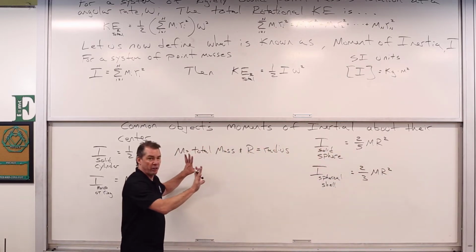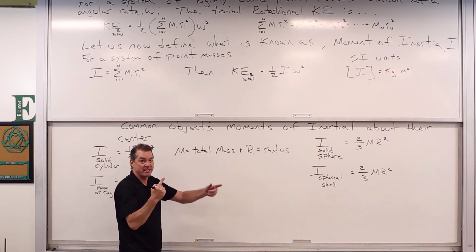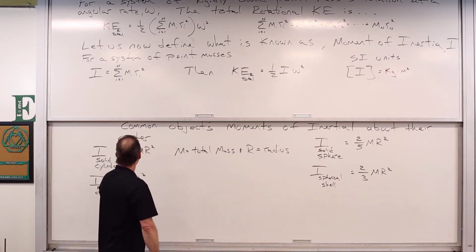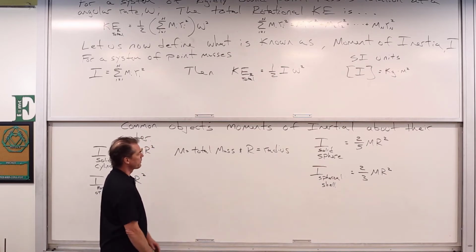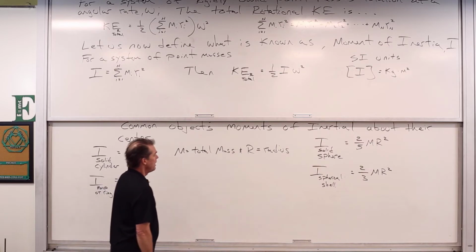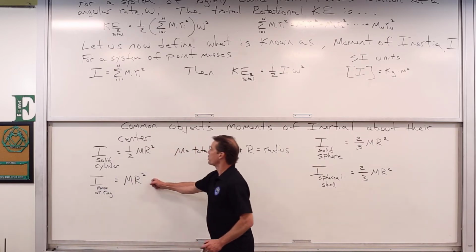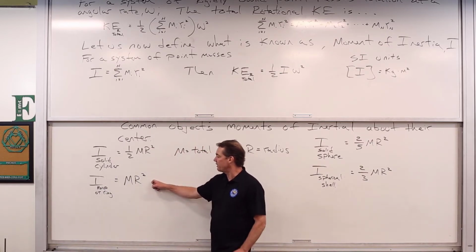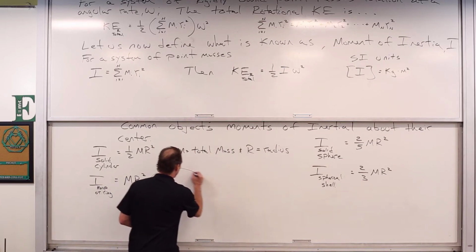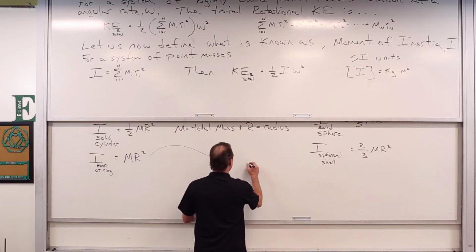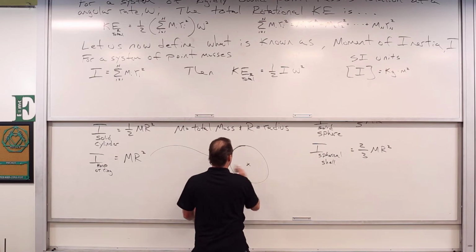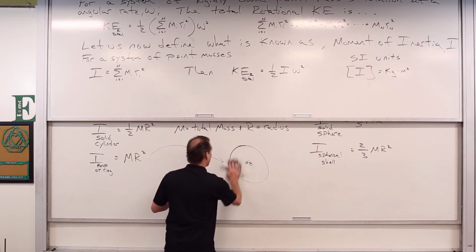These are all considered about the very center of the object itself. So those are some common moments of inertia that you'll run into. We can actually get this one pretty easily. So for this hoop here, we can take some central axis and let's try to draw a real circle.